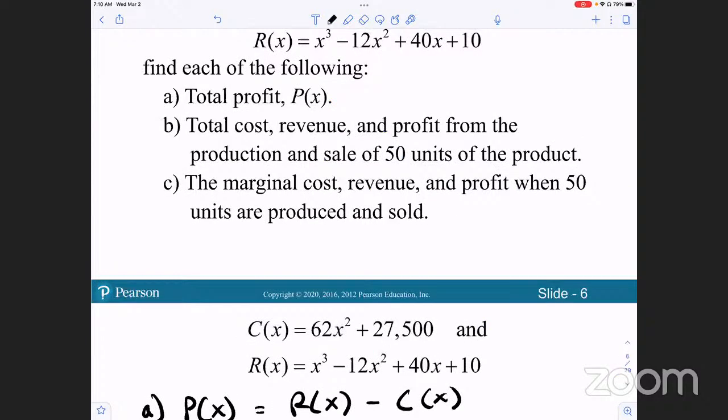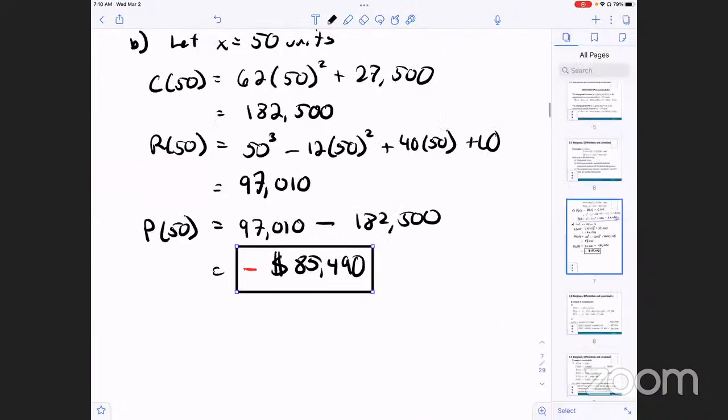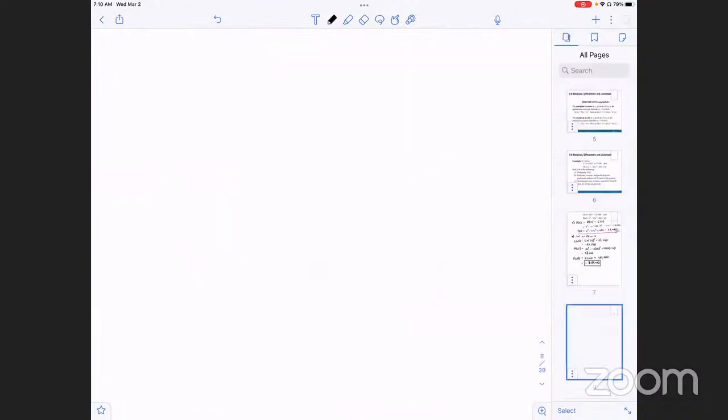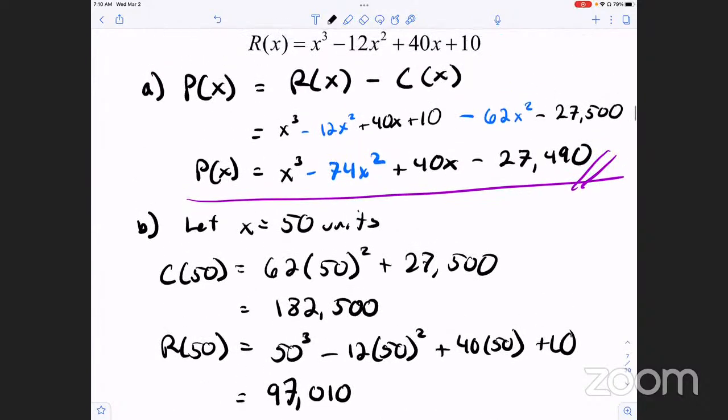So then the marginal cost, revenue, and profit when 50 units are produced and sold. So we said that the marginal cost is approximately the x item plus the x plus first item. But we want C prime of 50, because the other one was an approximation, all right?